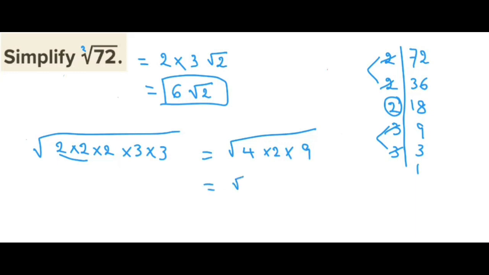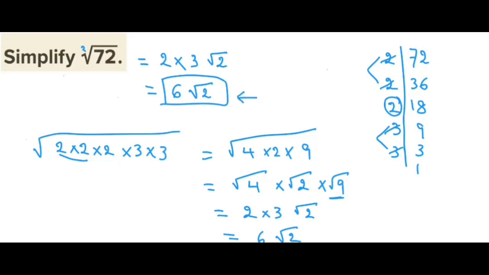And we know that this will be equal to square root 4 times square root 2 times square root 9. Square root 4 is 2, and square root 9 is 3. Let me put it here, and square root 2 as it is. So this would be 6 square root 2. So as you see here, I just got it in one step in here.